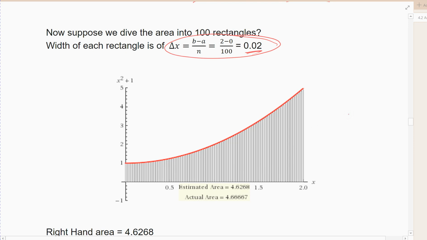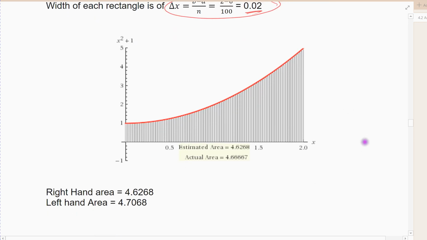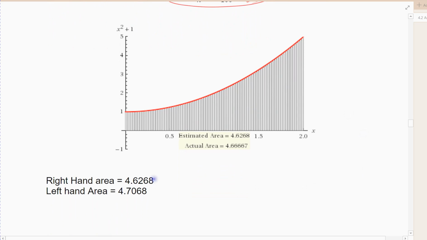This has to be the right picture, but the left picture looked almost the same, so I didn't put both pictures here. But if I did find the left and the right using 100 rectangles, my right area was 4.7068, my left area was 4.6268. Sorry, I think I wrote those down backwards.